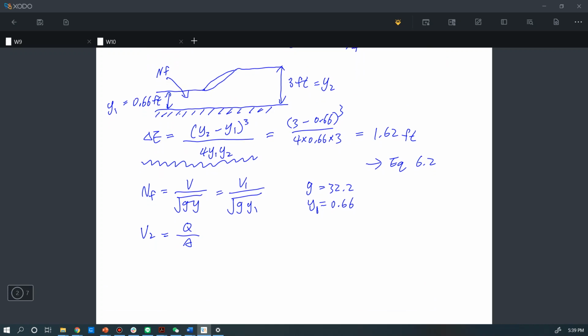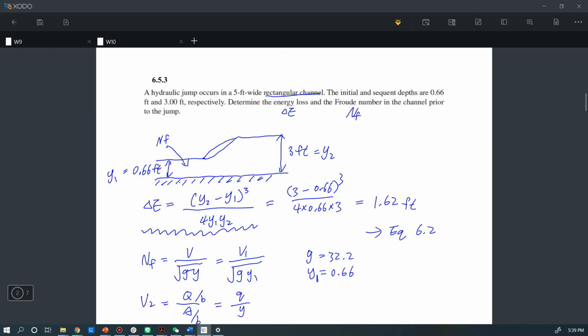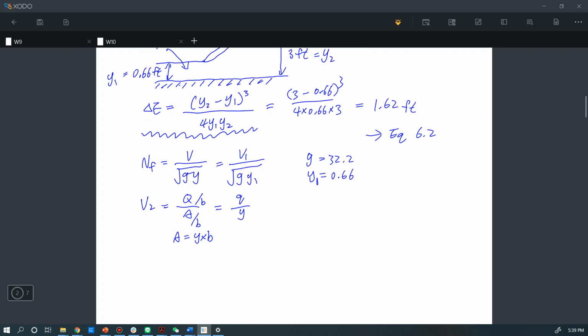That means we divide by the width b for both A and Q, and we can rewrite that into a lowercase q and y, because area is y times b for a rectangular channel. If you divide by b, you cancel this out, so the area becomes just equal to y.